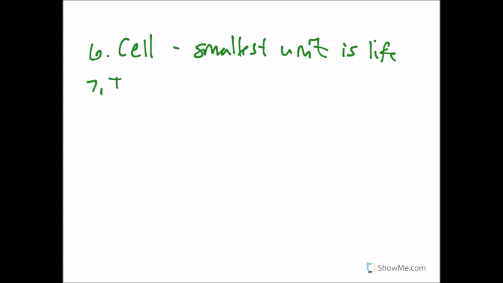Now, if we were to look at tissues, this is the realm of histology, right? This is where we would study the different types of tissues in the body, like epithelia, connective, muscle, and nervous tissues in the body, or in living organisms. And tissues are not something that every living thing has.